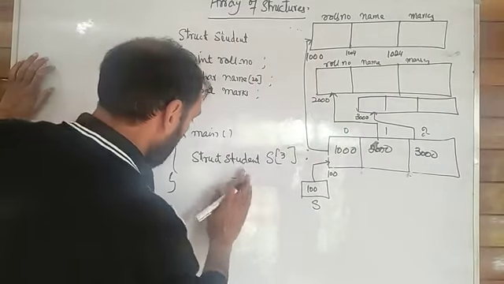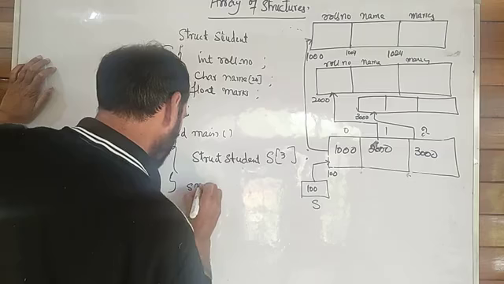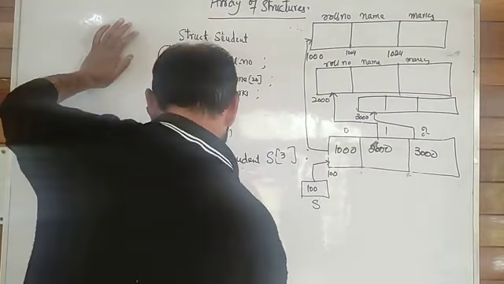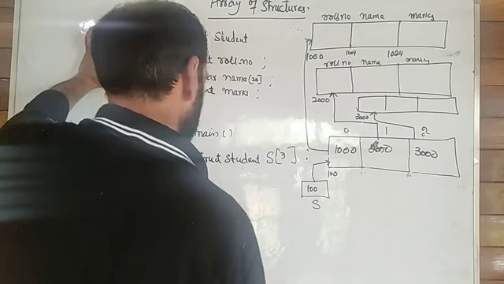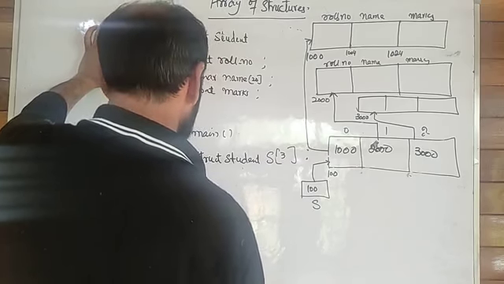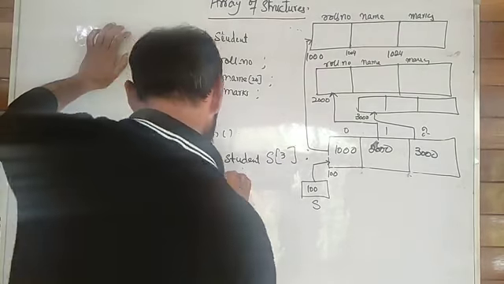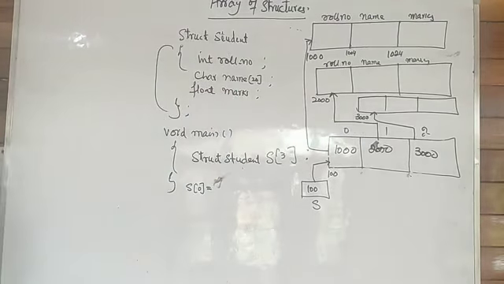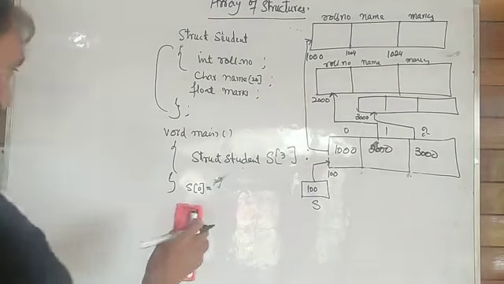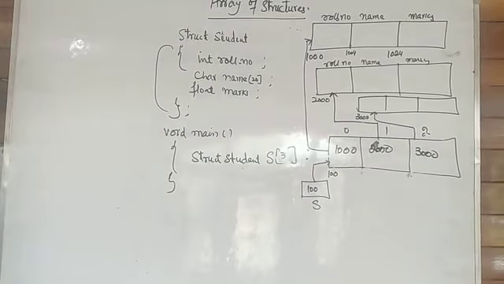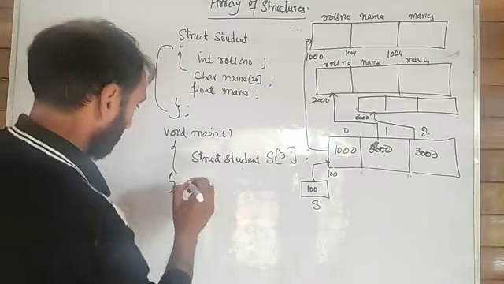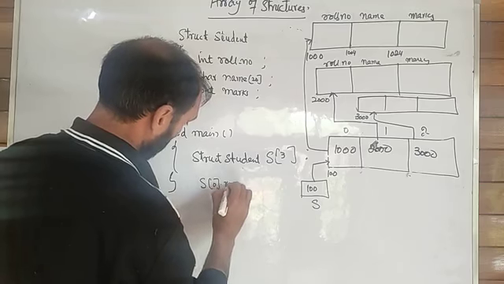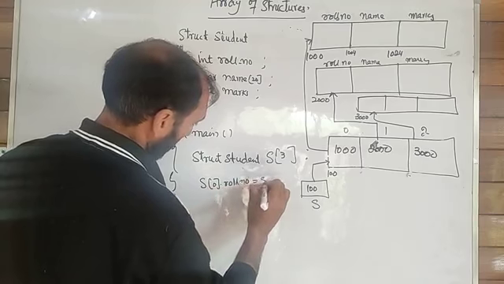For example, S of 0 dot roll number equal to 5.